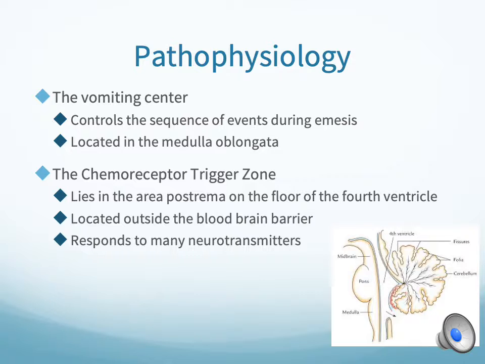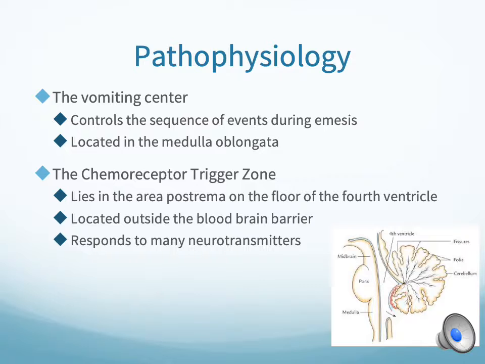Slightly cephalad to the vomiting center is the chemoreceptor triggering zone, also known as the CTZ. Since the CTZ is located outside the blood-brain barrier, it is sensitive to drugs and toxins in the bloodstream. It can sense these toxins, for example, high ethanol concentrations, and sends signals to the vomiting center. The CTZ responds to many neurotransmitters.